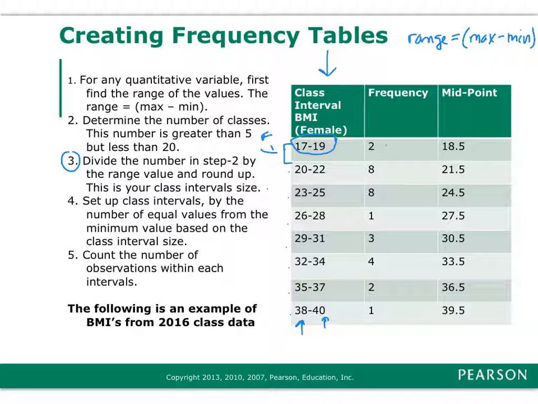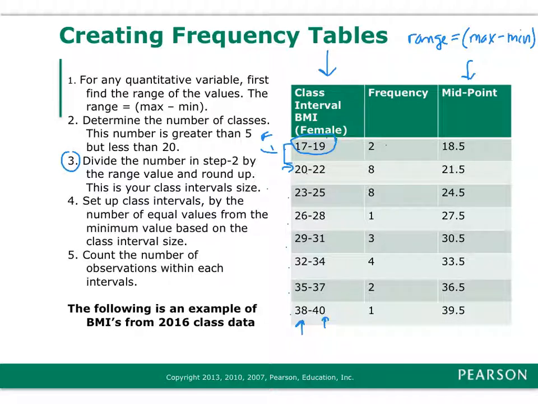So the final idea here is to calculate a midpoint of the class interval. The book says to add the upper bound to the lower bound and divide by 2. Other books show that you add the next class number, 20 to 17, and divide by 2.